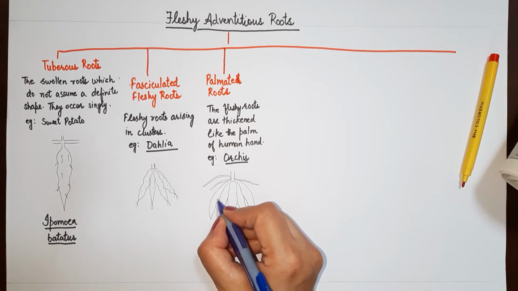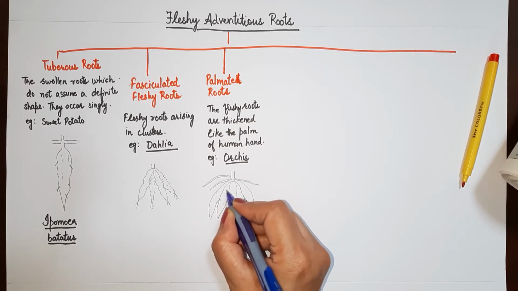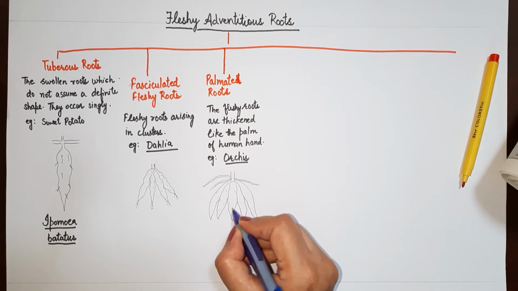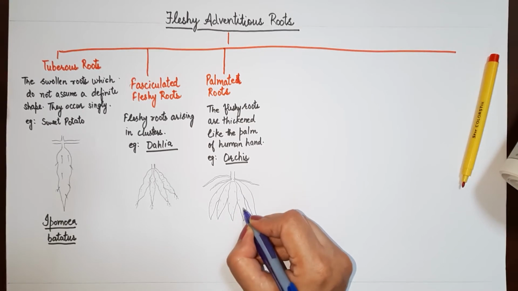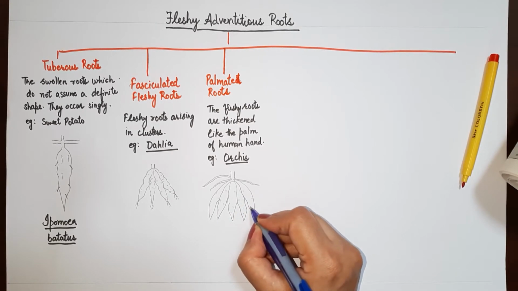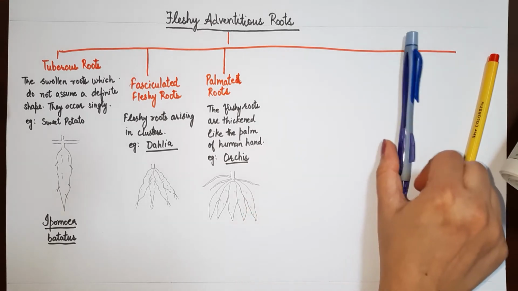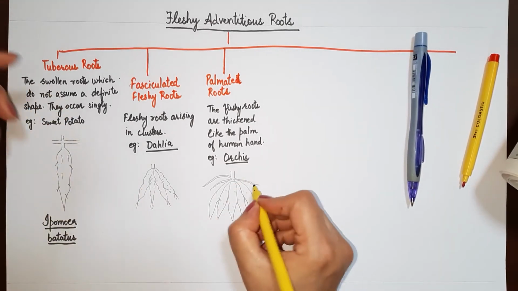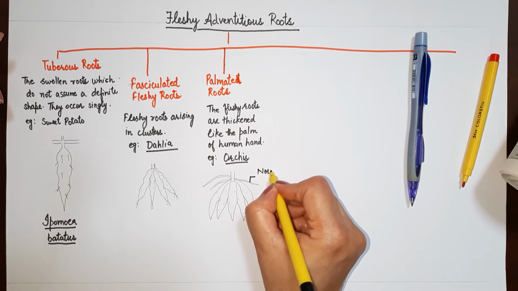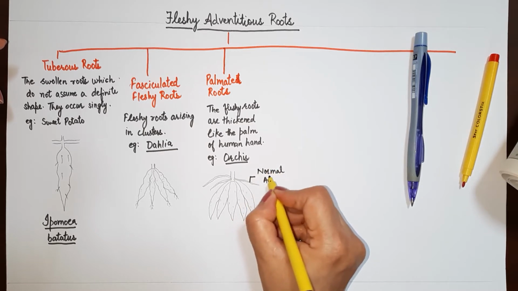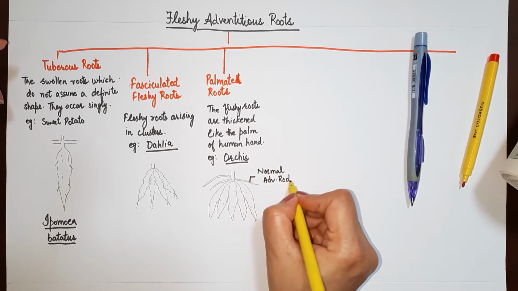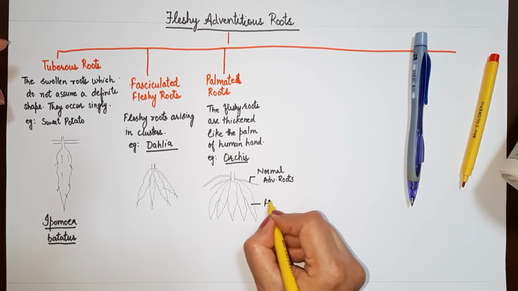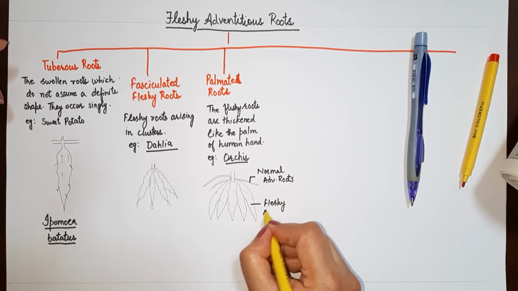So these are called palmate roots. The botanical name of orchis is same. Okay, so these are normal adventitious roots and these are fleshy adventitious roots.